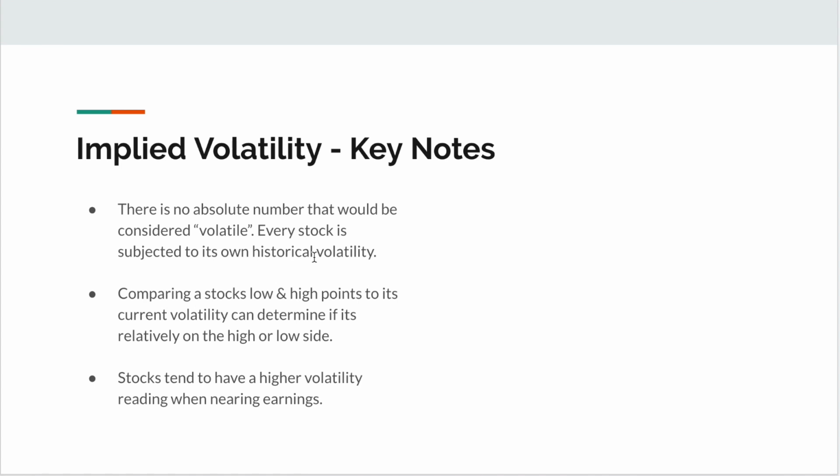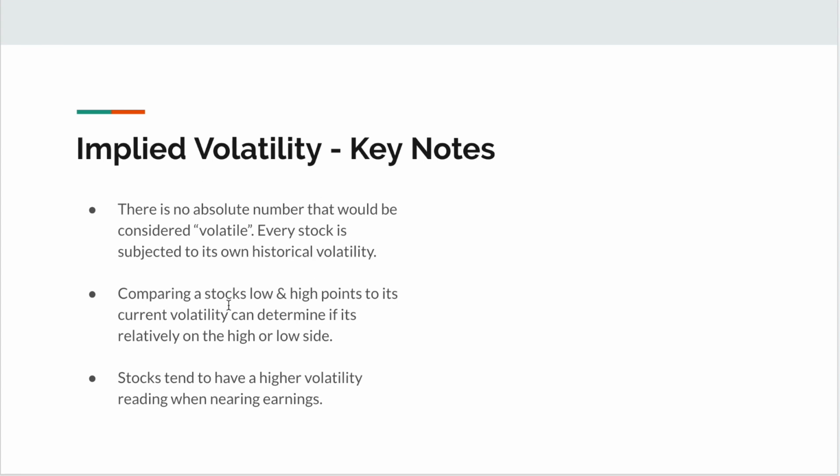You have to compare its historical volatility versus its implied volatility to know if it's a volatile stock or not. Meaning that if Apple usually through history has a 15% volatility rating, however right now it's at 32%, then you can very much assume that options contracts are going to be higher at this point, due to the fact that it has a higher volatility reading than it usually does.